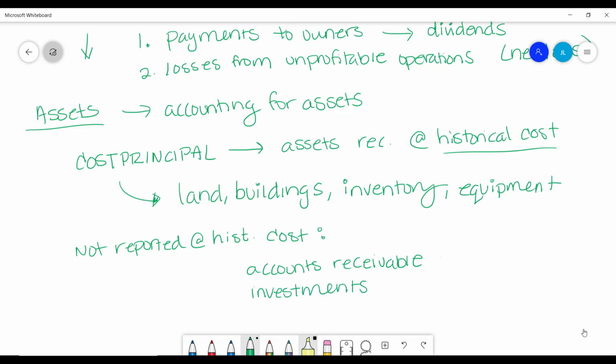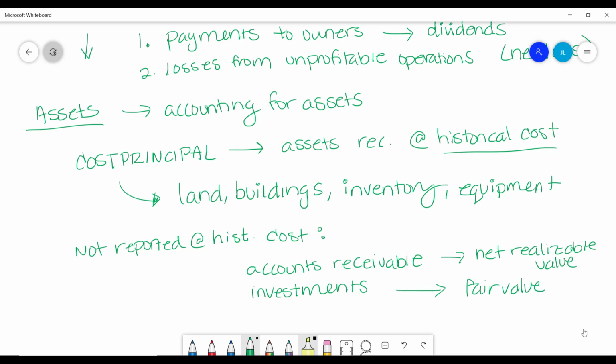Okay, so accounts receivable is going to be recorded at its net realizable value, which we'll talk about later on in this class. And investments, depending on the investment, will mostly be marked up to their most recent market value or fair value.